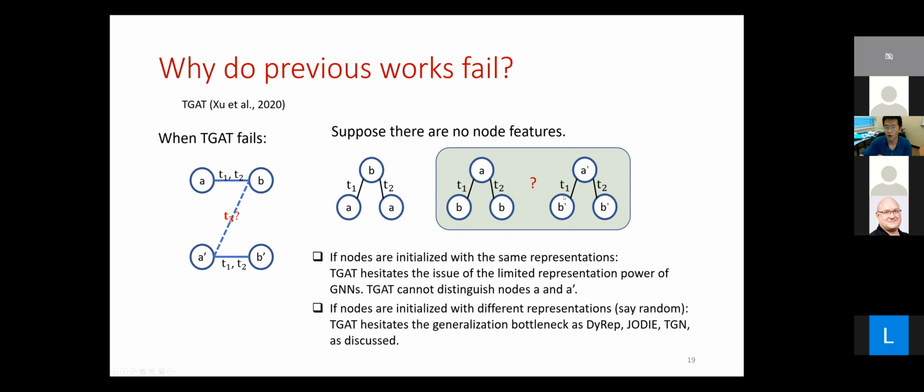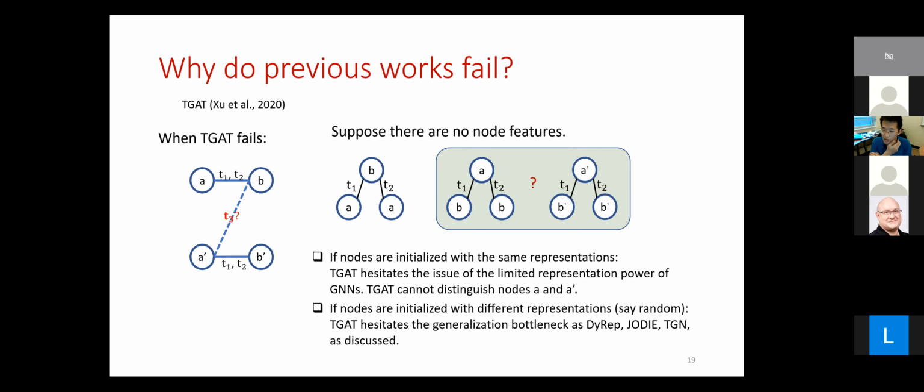For A prime, you also have this. If all the nodes have the same node representation, then the representation for node A and for node A prime will be exactly the same. So the TGAT model runs into this ambiguity issue.